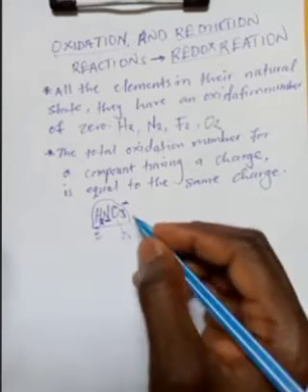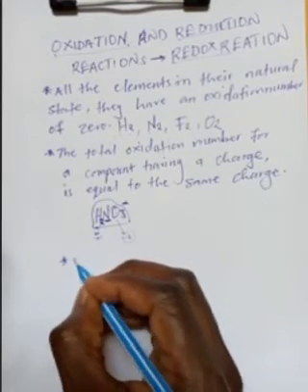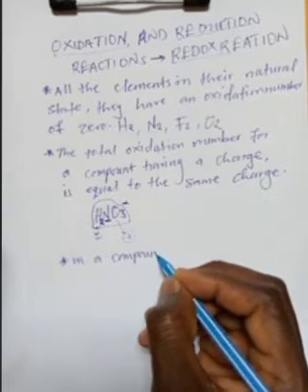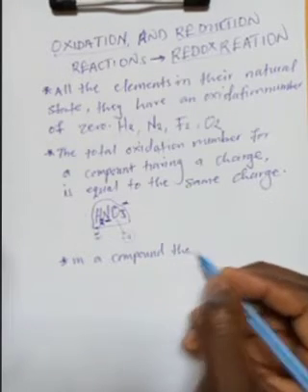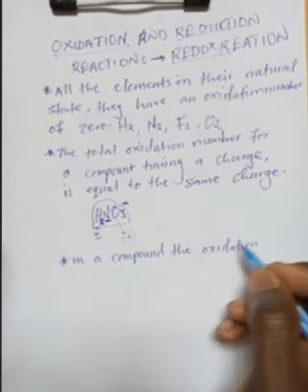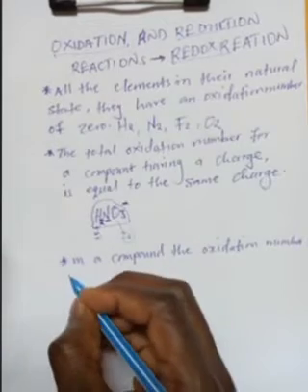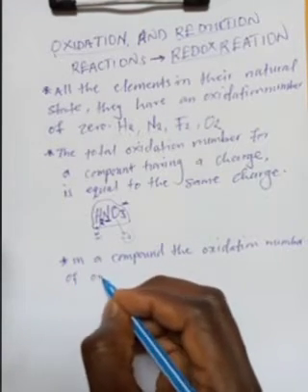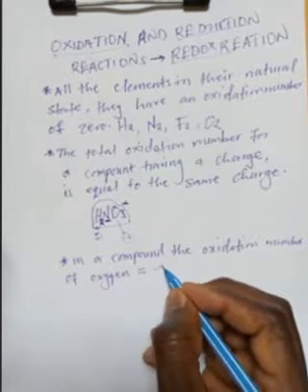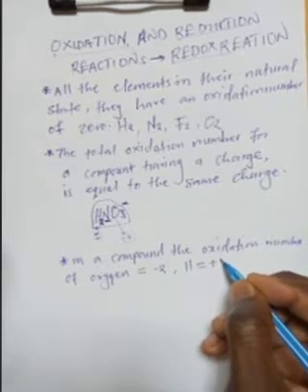Again, in a compound, what you're going to understand the most is, in a compound, the oxidation number of oxygen has to be equal to negative 2, comma, hydrogen has to be equal to positive 1.